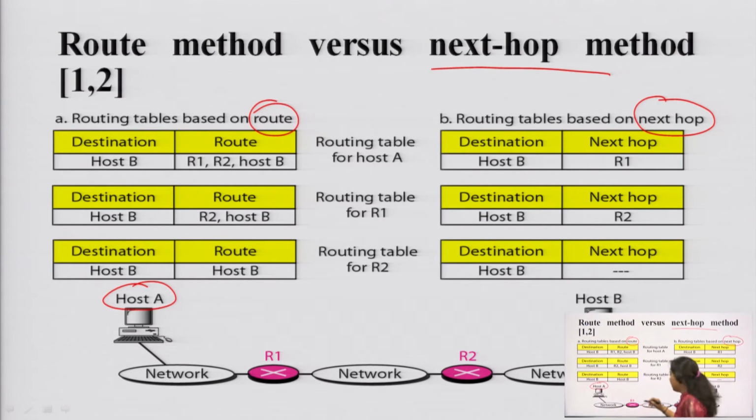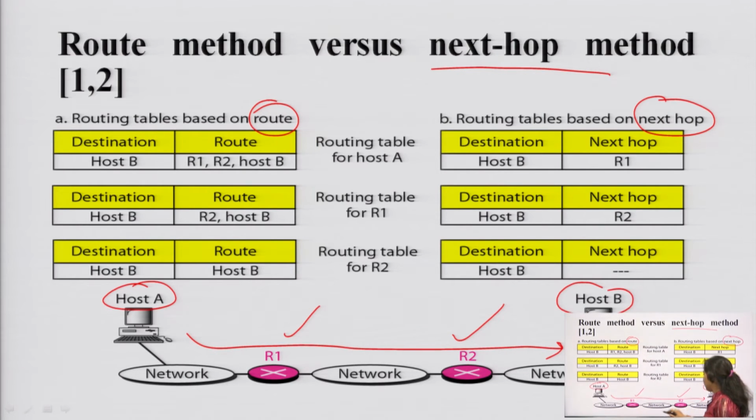This is host A and this one is host B. So, there are two intermediate nodes through which the information has to be transferred. The path for delivering the data from here to here has to consist of two routes, that is route 1 and route 2.